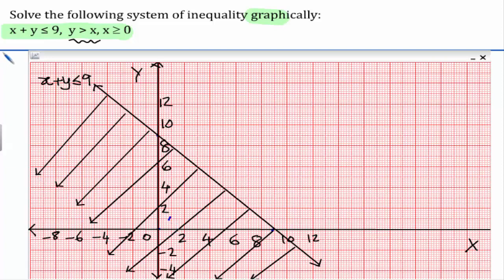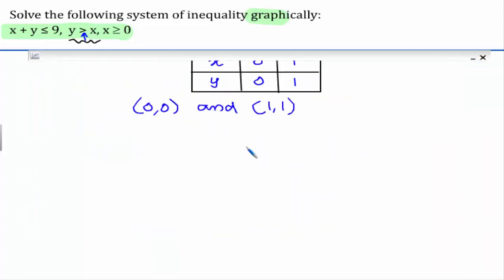But remember that this inequality has only the greater than symbol. So we have to draw the dotted line passing through these 2 points. So this dotted line represents the y is equal to x graph. Now you cannot take the origin here.